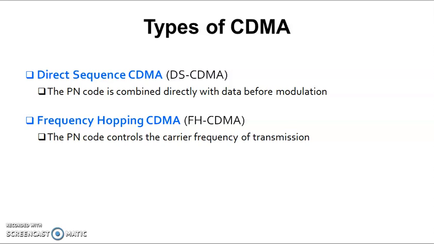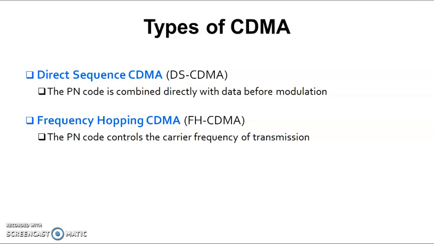Now, if we compare CDMA with TDMA and FDMA: FDMA shares the available frequency spectrum, and each user gets a part of the given spectrum all the time. In TDMA, users share the available time; each user uses a part of a frame and the entire spectrum.